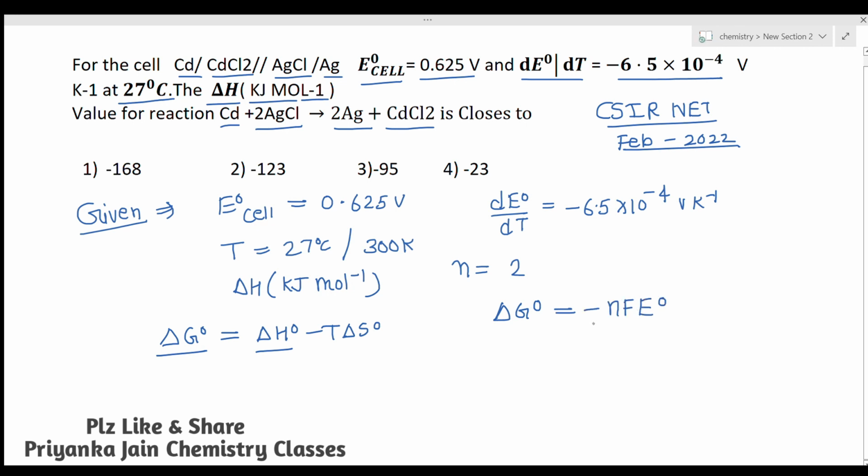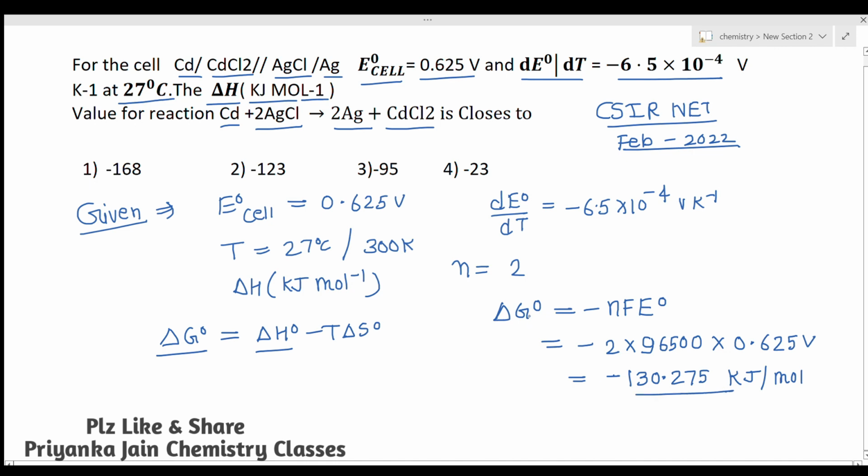The value of n is 2, the Faraday constant is 96500, and E naught of the cell is 0.625 volt. When you calculate this, the value will be around minus 130.275 kilojoules per mole. This will be your value of delta G naught.